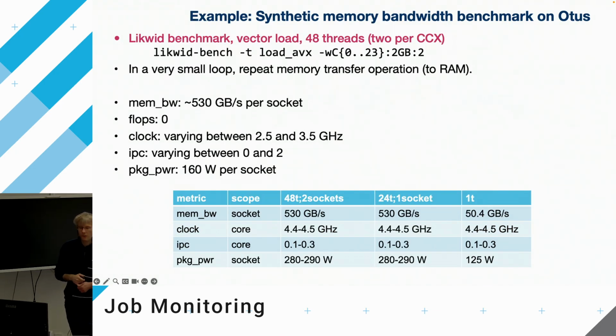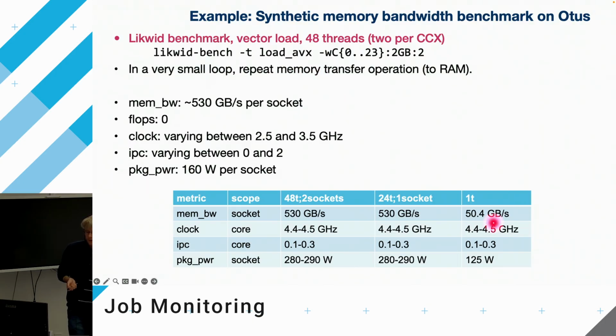And we can also do it with the memory bandwidth. So this is the load AVX benchmark, and here we're only doing loads from the memory. We are doing this in this example with a certain number of threads. Again, in a small loop, we are doing repeated memory transfers, or reads from memory.